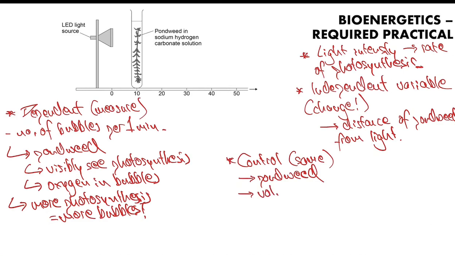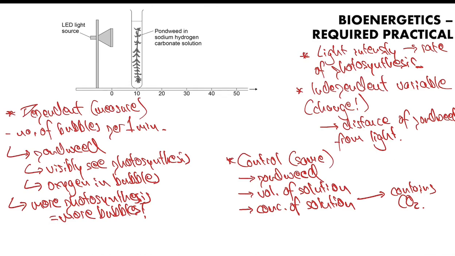The volume of the solution that it is in stays the same for each one, and also the concentration of the solution, because the sodium hydrogen carbonate solution contains carbon dioxide, and so if you have a specific concentration of it, you contain a specific amount of carbon dioxide, so it allows you to control the amount of CO2 the plant receives.